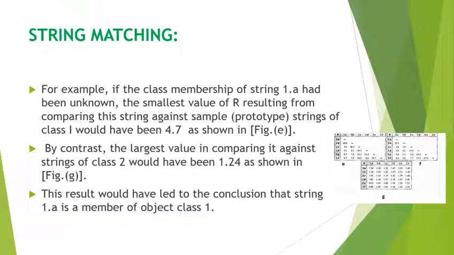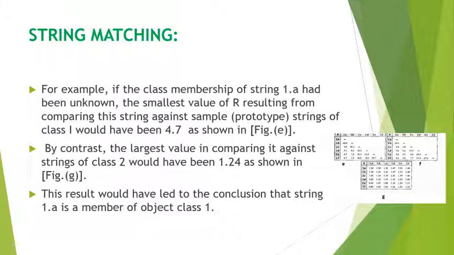Here, for example, let us assume we don't know whether the 1.a string belongs to class A, that is image A, or image B. But from these tables, we can predict to which image it belongs. If we consider table E and column 1.a, the smallest value available is 4.7, which is the similarity between 1.a and 1.f.